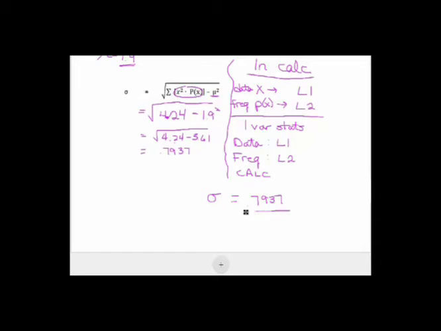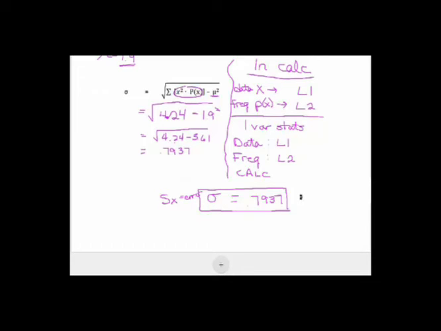Also notice, I have to point something out. Remember, this is your population standard deviation. You also have a sample standard deviation, but when we do these weighted things, your sample standard deviation is going to be an error, or it's going to be a blank. And here's the reason.